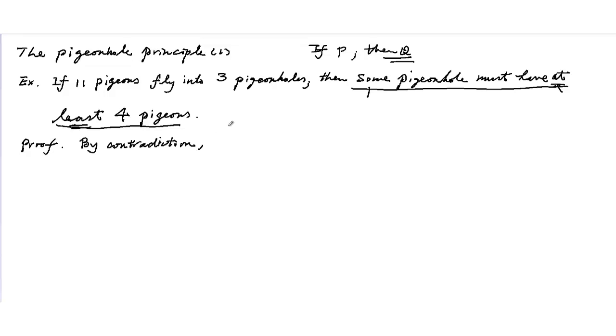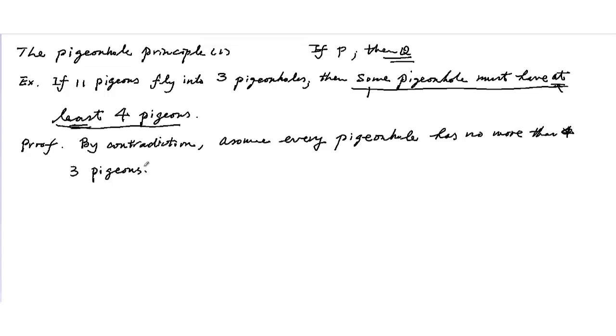So by contradiction, we will assume every pigeonhole has no more than 3 pigeons, because if it has 4 pigeons, then it satisfies the original statement.